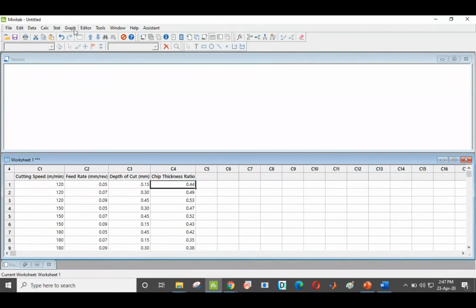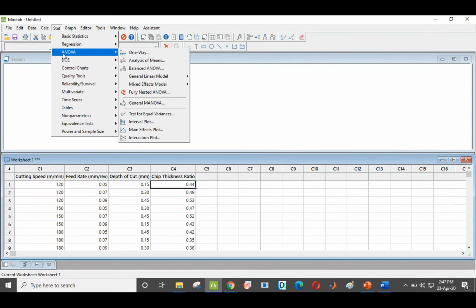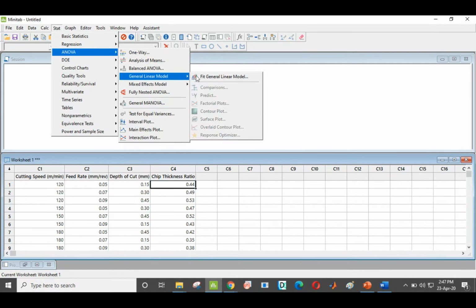Now, in order to determine the ANOVA, go to Stat, ANOVA. Here we have one-way ANOVA, analysis of means, balanced ANOVA, then mixed effect model, then nested, general ANOVA, multivariate ANOVA. But here we will go with the general linear model, fit general linear model.